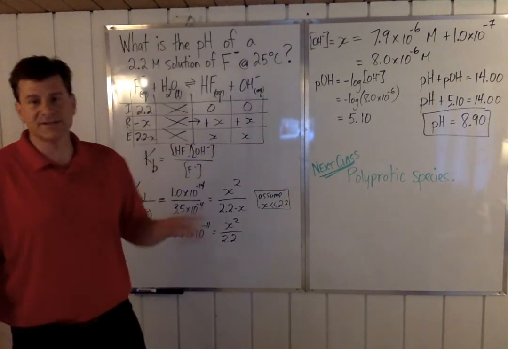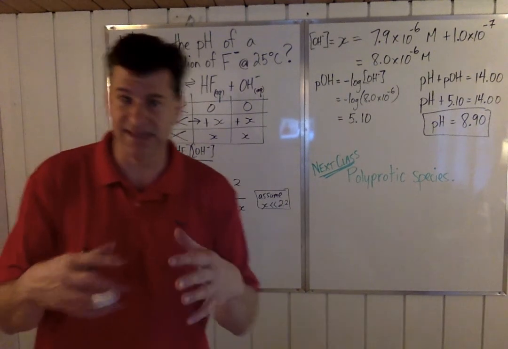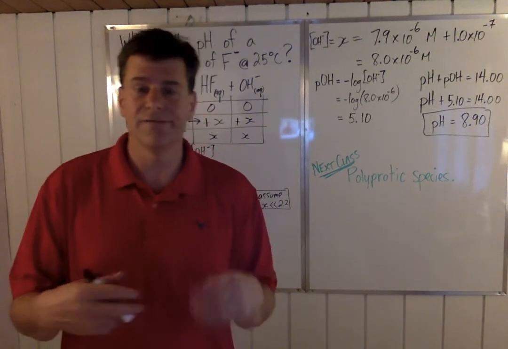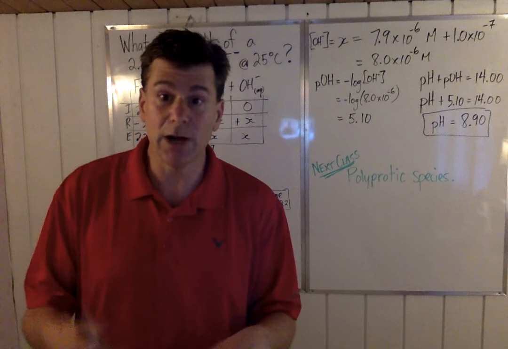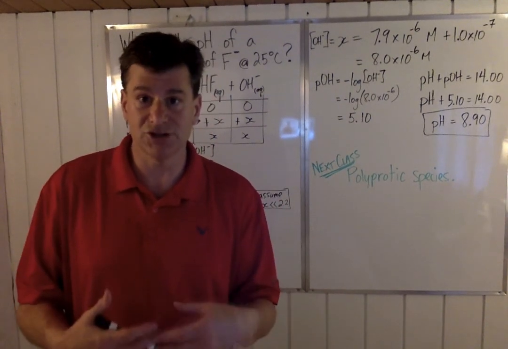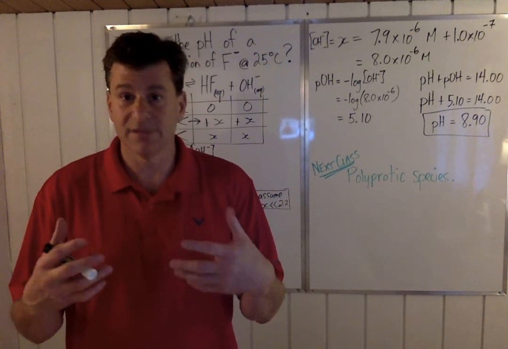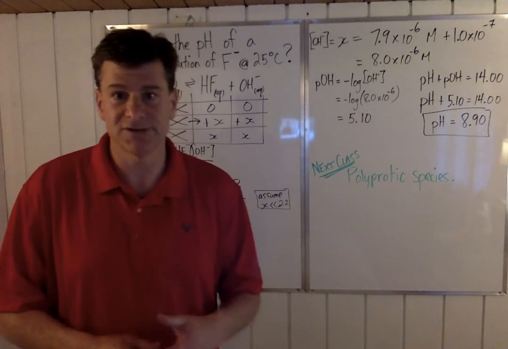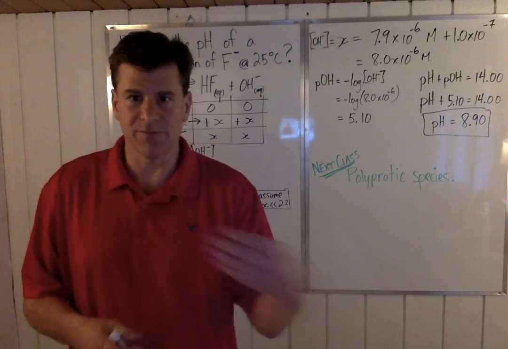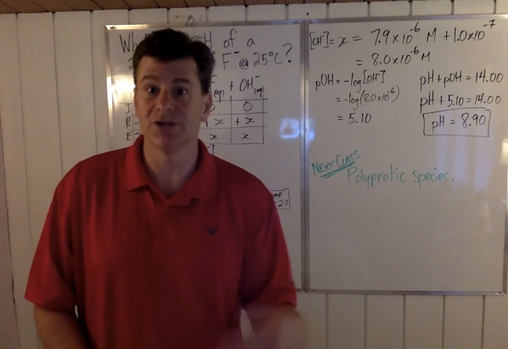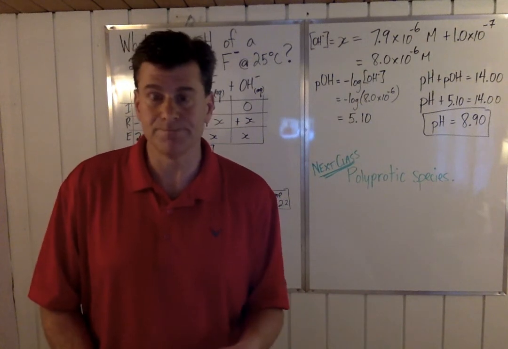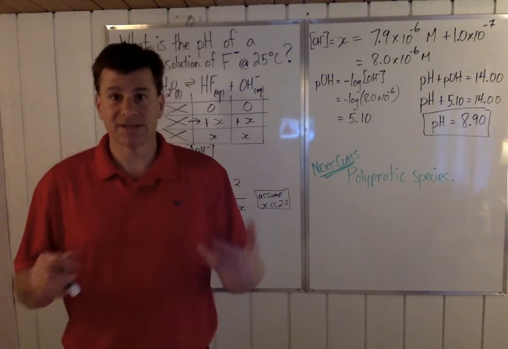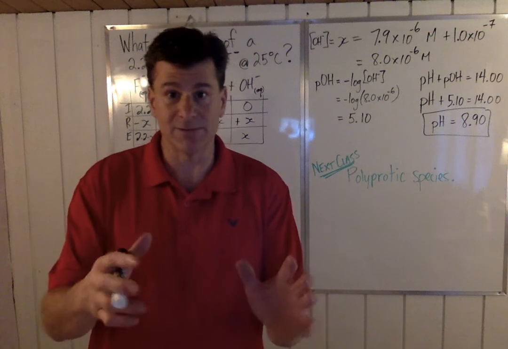It's a Kb instead of a Ka, and the Kb takes a little bit of manipulation to figure out: Kw divided by Ka of the conjugate acid. Then your answer is going to be a hydroxide concentration, so you can't just get a pH from that. You have to negative log it, get a pOH, subtract from 14, and you're good to go. So that's the weak base concept.